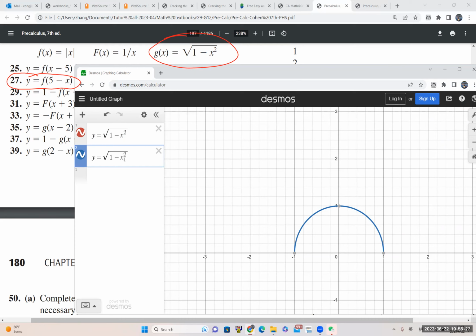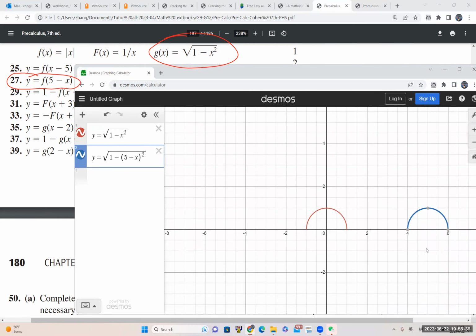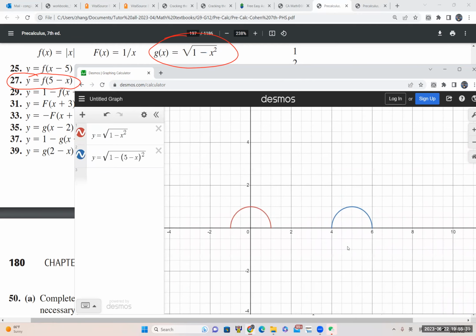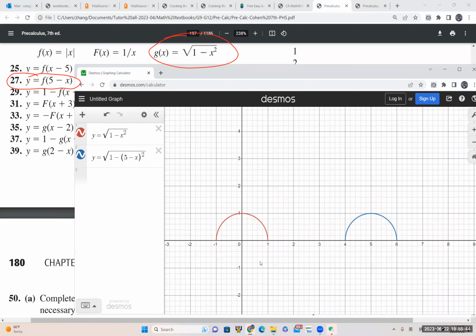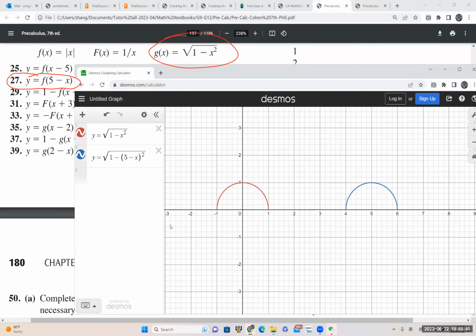Let me put a parenthesis, and here is 5 minus x. Suppose we already have it done. Now let's check if it's true.